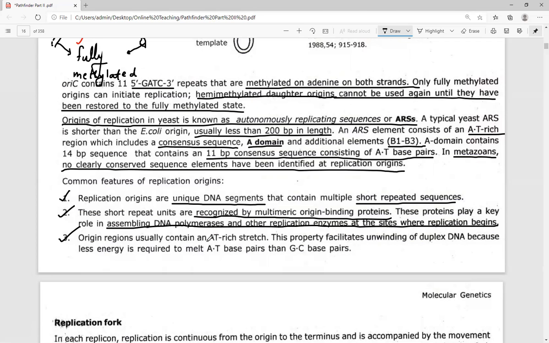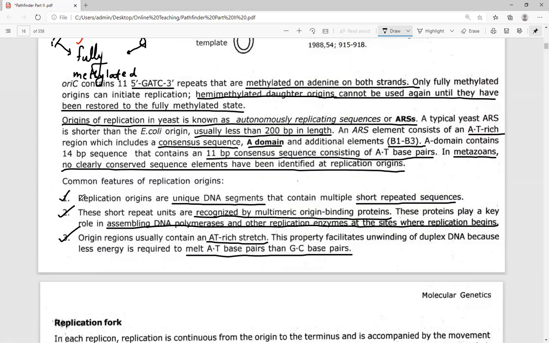Because whenever there is an AT rich region, it can be effectively melted as compared to the GC rich base pair. AT rich base pairs can be easily melted as compared to GC base pairs in the DNA molecule. Any doubt, any problem?